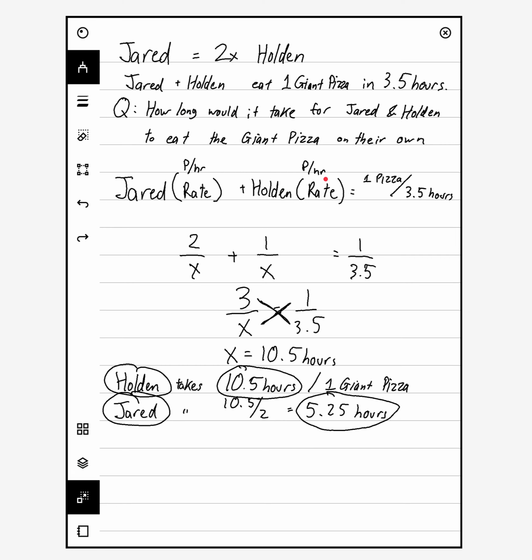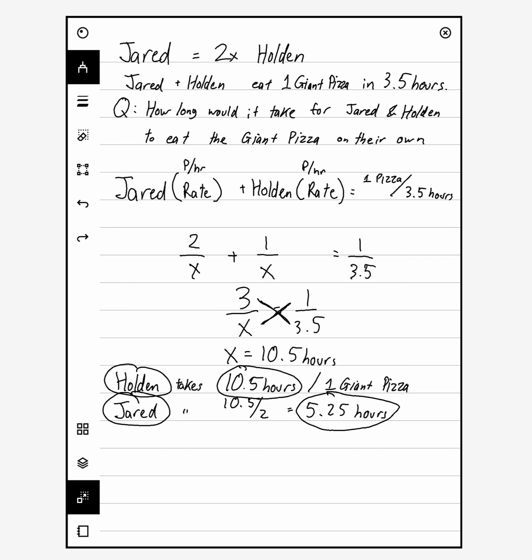And then the hour isn't certain, right? Because they gave us hours here, 3.5, but they didn't give me how many hours it would take for Holden. They're also asking that as the question. How long would it take for them to eat a pizza? They're not saying how many pizzas could they eat in 1 hour. So that's why for hours, I make that the x. Because that's the thing that we're solving for.